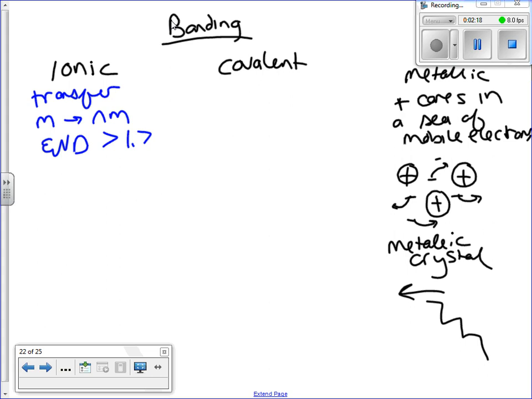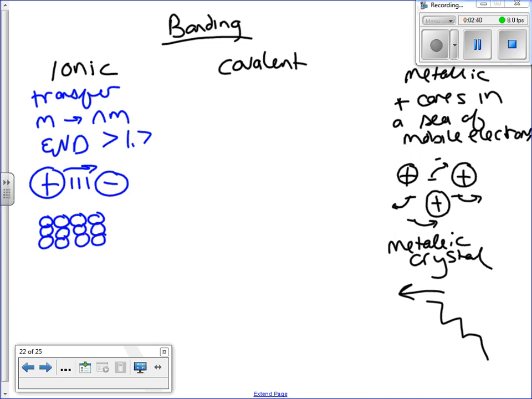So the metal becomes positive and transfers its electrons to the nonmetal, which becomes negative. They stick together because of this difference in charge. Positives and negatives are attracted to each other. They form lattices, okay? A solid ionic crystal forms a crystal lattice where you have positives and negatives opposite attracted to each other.